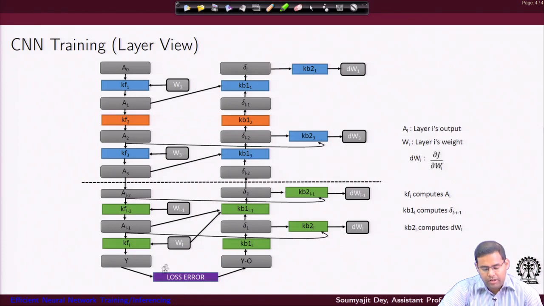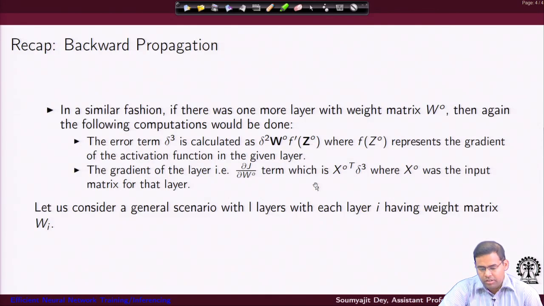From here I can compute the loss, that is, I can get y, I can compute the error, that is y minus o, and then I am going to use y minus o to compute each of the previous layers' delta values, right. Because we have already discussed how I can in general compute the delta values of some layer based on the delta value of the previous layer, and also use that layer's weight matrix and the activation's gradient and all that, right.